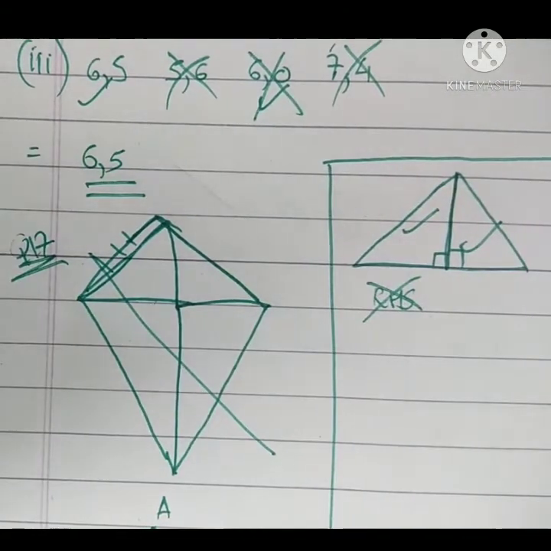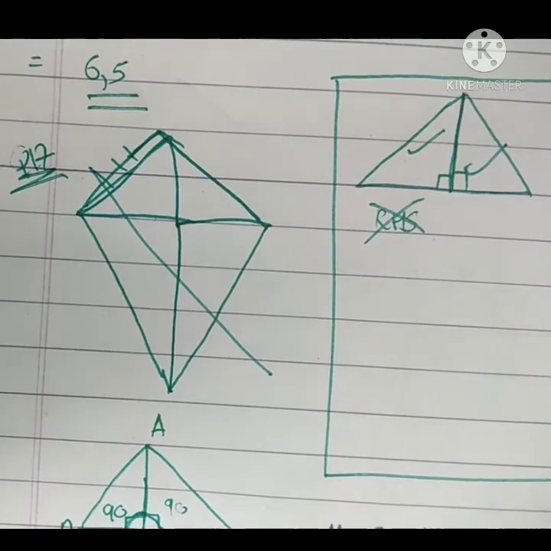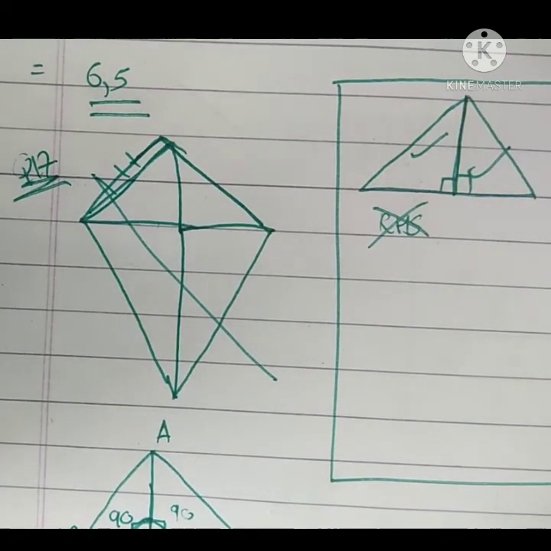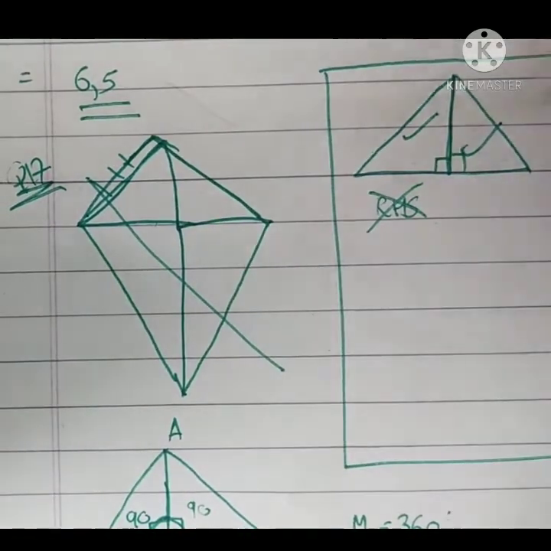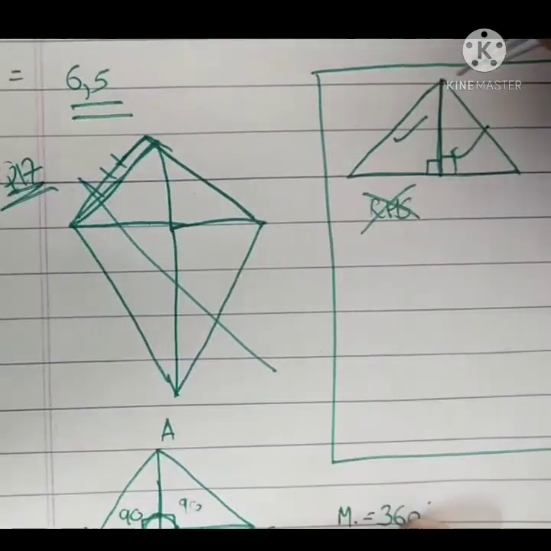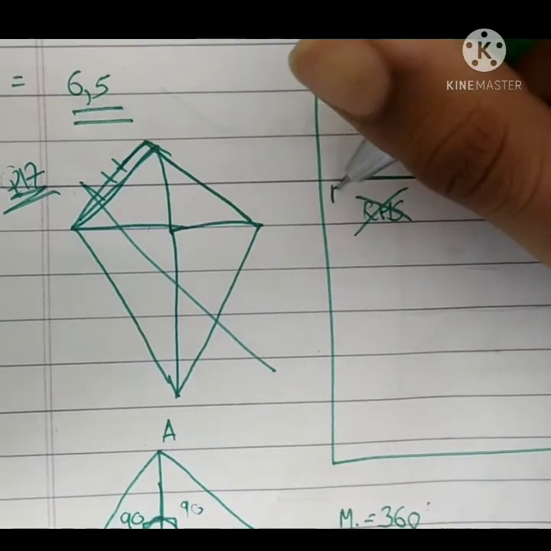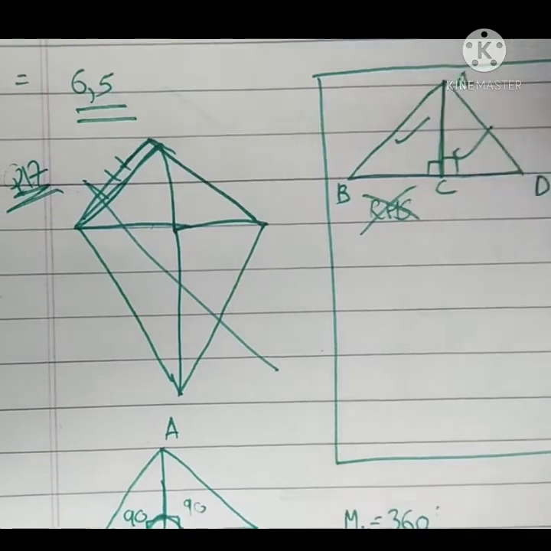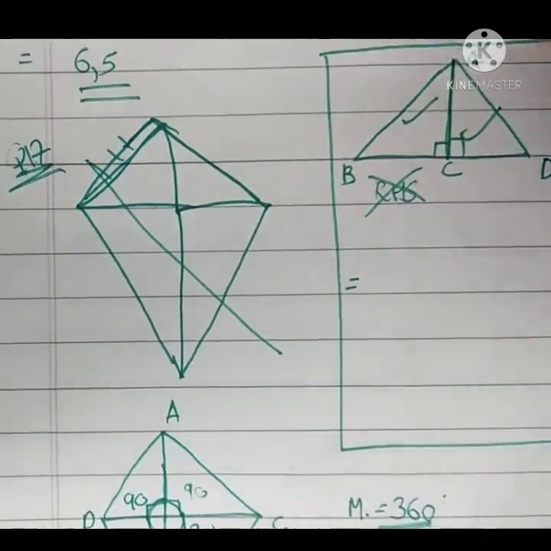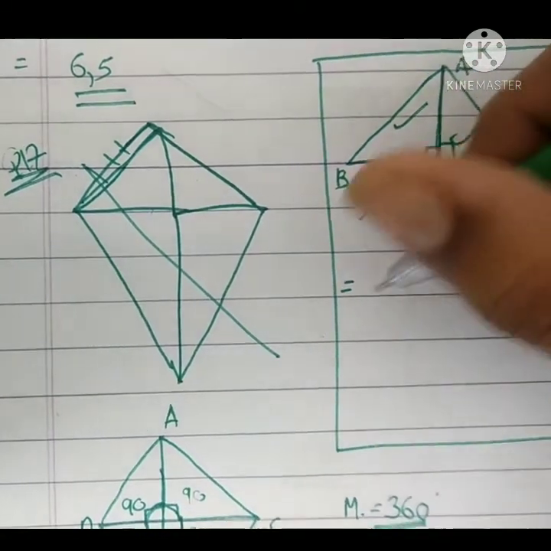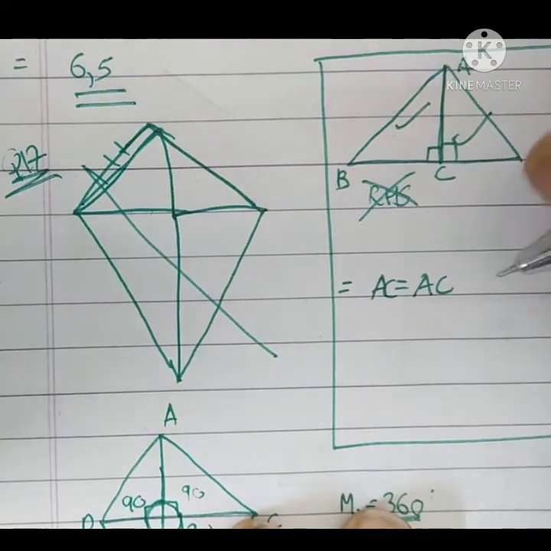So what can we use instead of RHS? The best criterion coming to my mind is SAS, side angle side. First, if we label this diagram as A, B, C and D, AC is equal to AC, which is common.